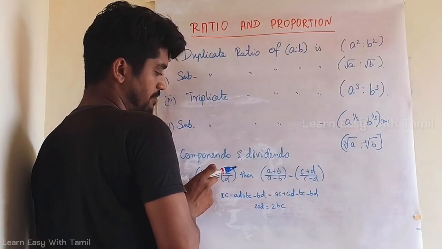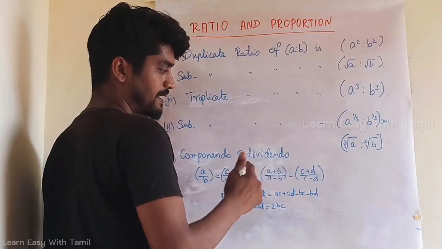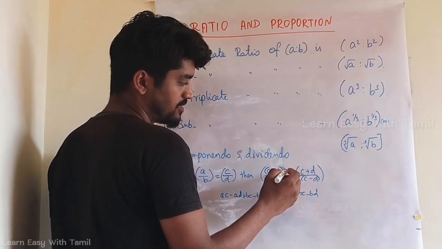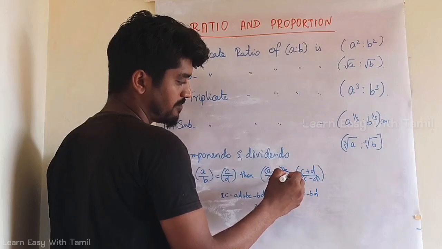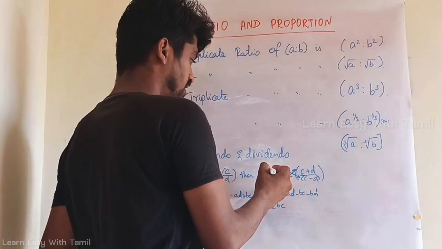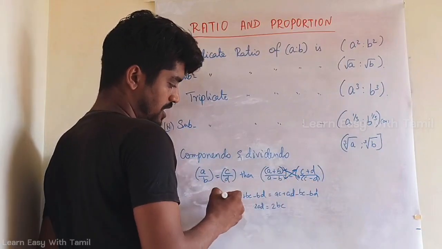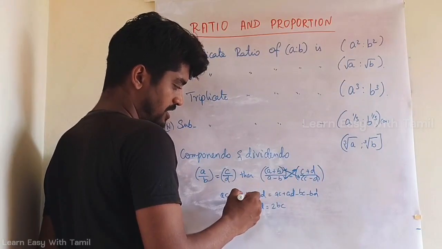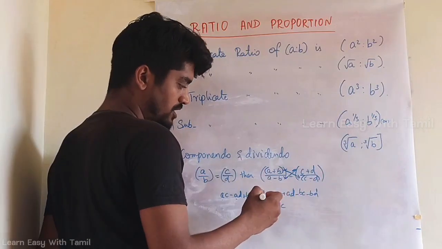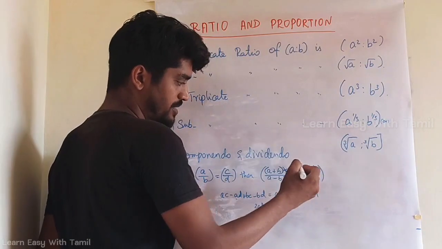We get A by B is equal to C by D. A plus B and C minus D, which can be cross multiplied with numerator and denominator. We get A into C, AC, minus A into D, plus B into C, BC, minus B into D, BD.